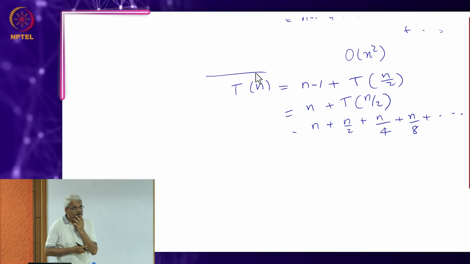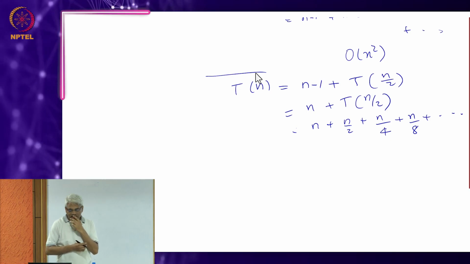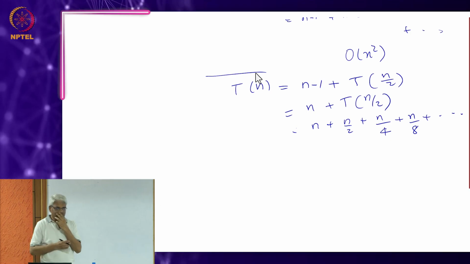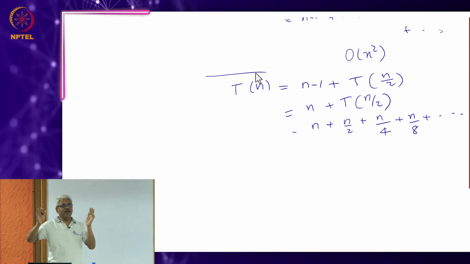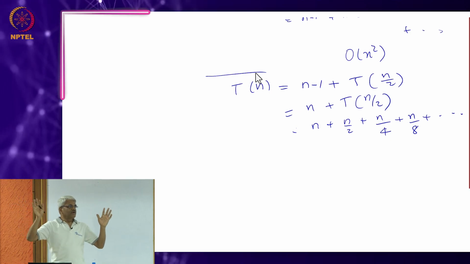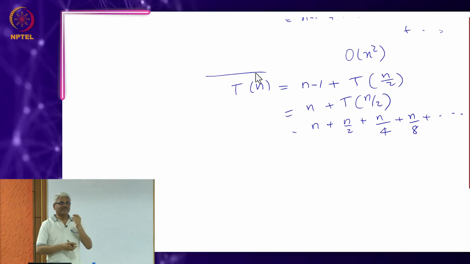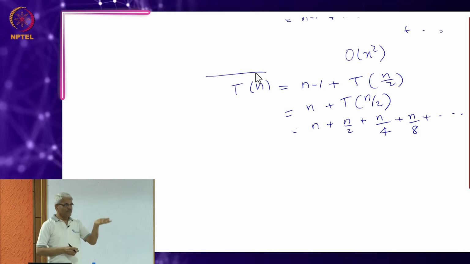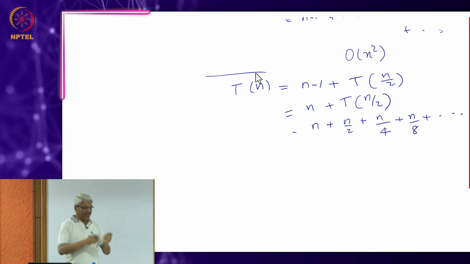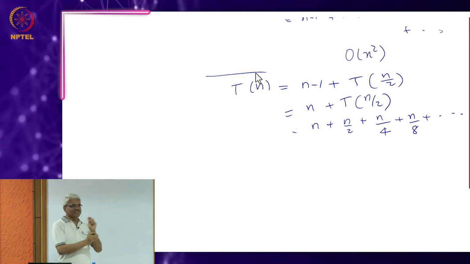N upon, what is 1 plus half plus 1 by 4 plus 1 by 8 all the way? What is the sum? What does it converge to? Work it out, it's just 2 minutes, right?